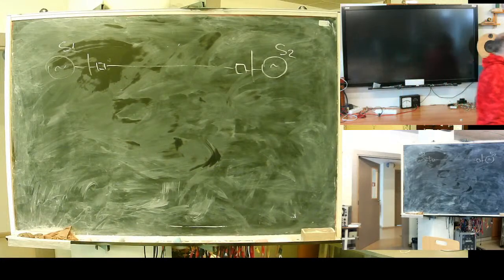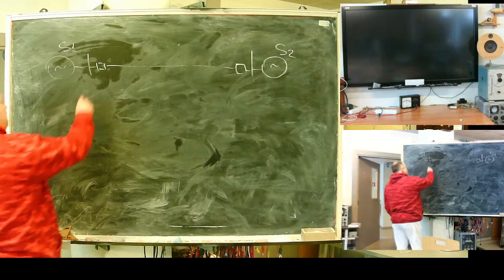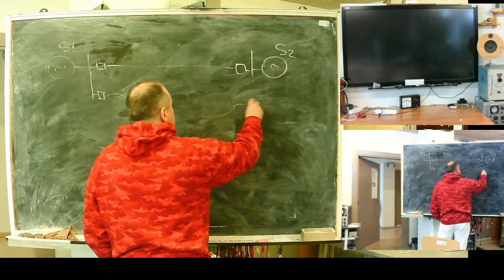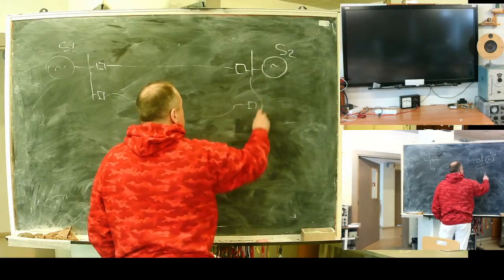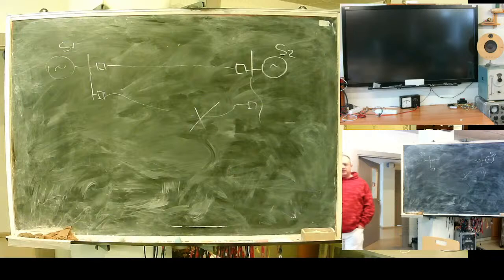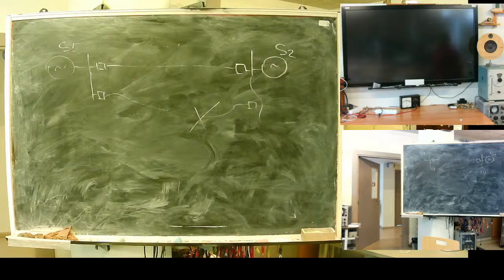But what if, for example, you had a parallel connection and it failed? What may happen? A problem may happen when your transfer capability between systems is too small to transfer power.